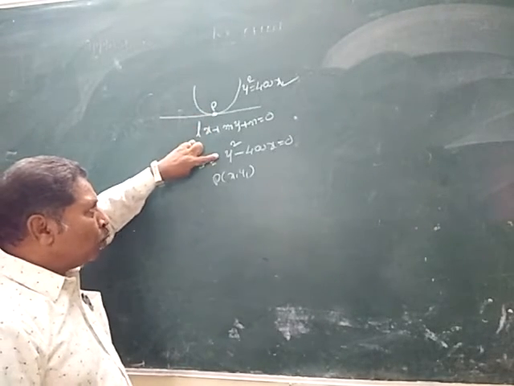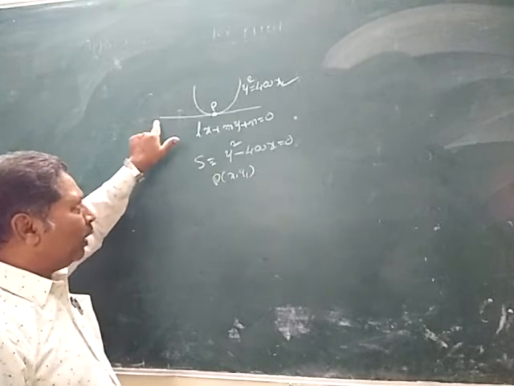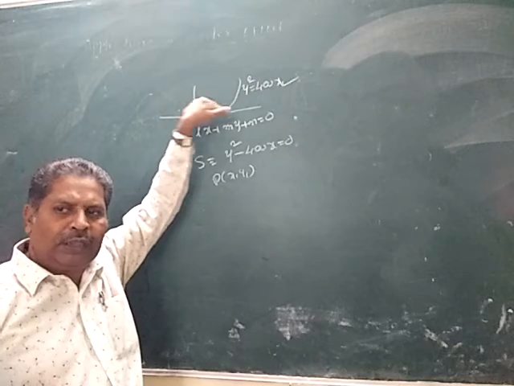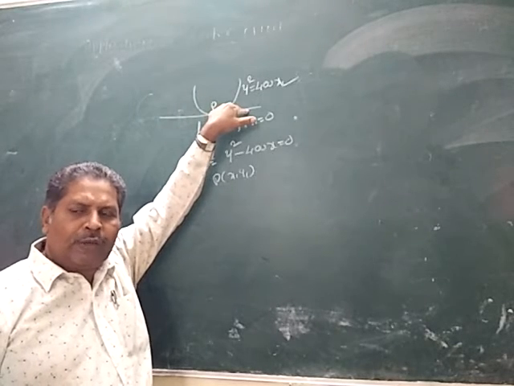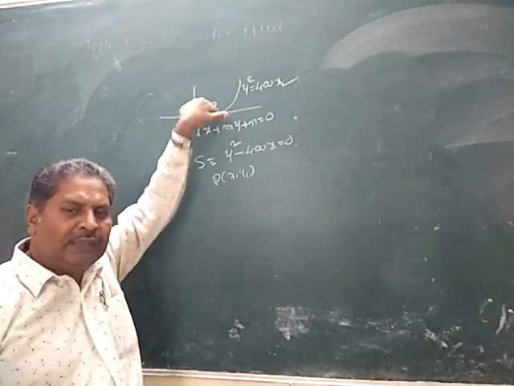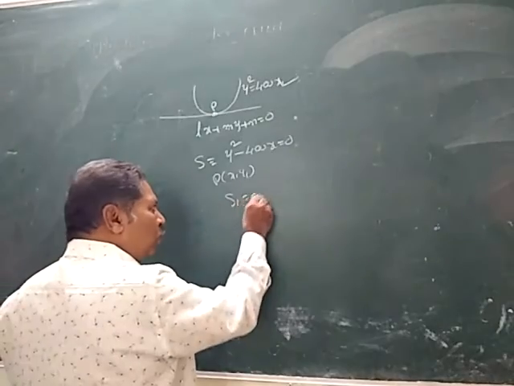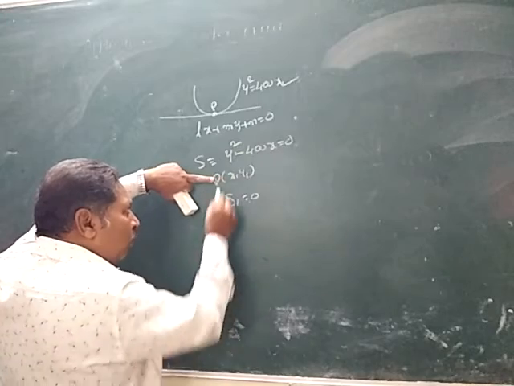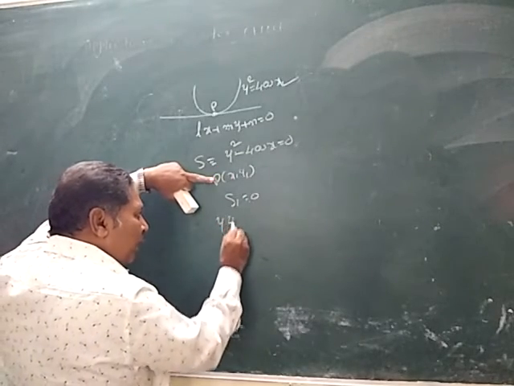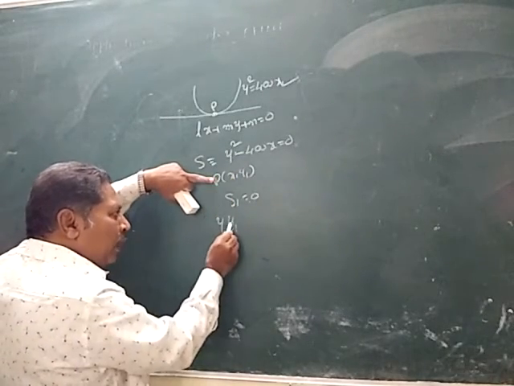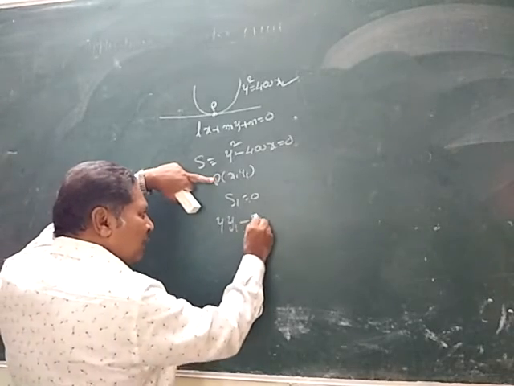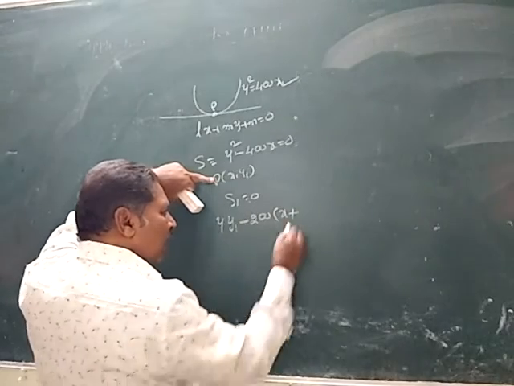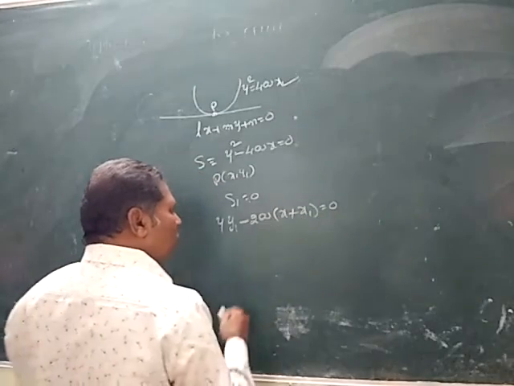So, using these, we calculate the equation of the tangent. The equation of the tangent at the point is S1 equal to 0. So, apply S1 equal to 0: y squared, y into y1, replace y with y1, minus 2a into (x plus x1) equal to 0.